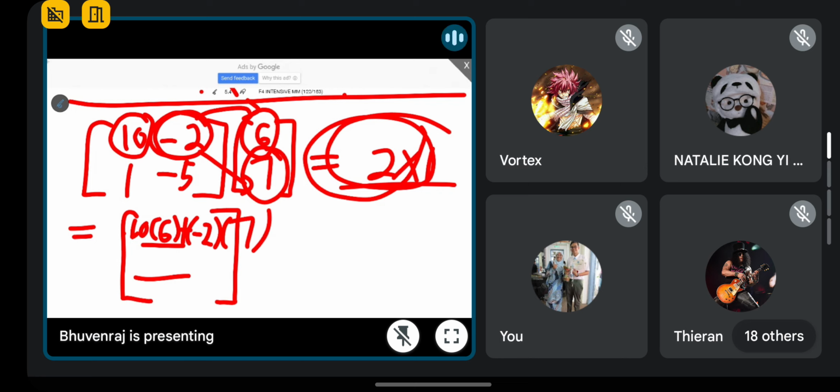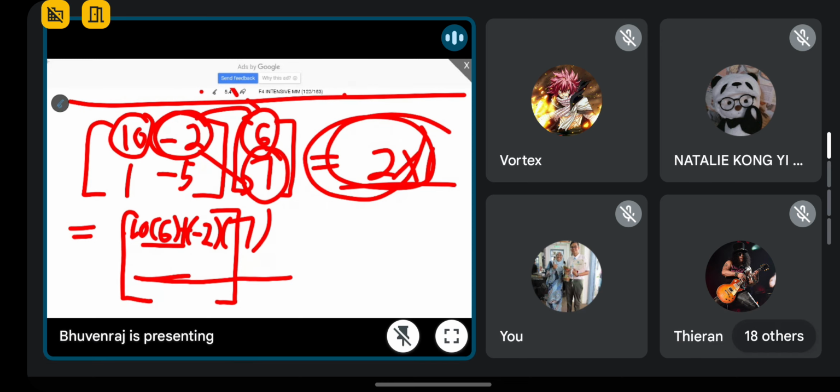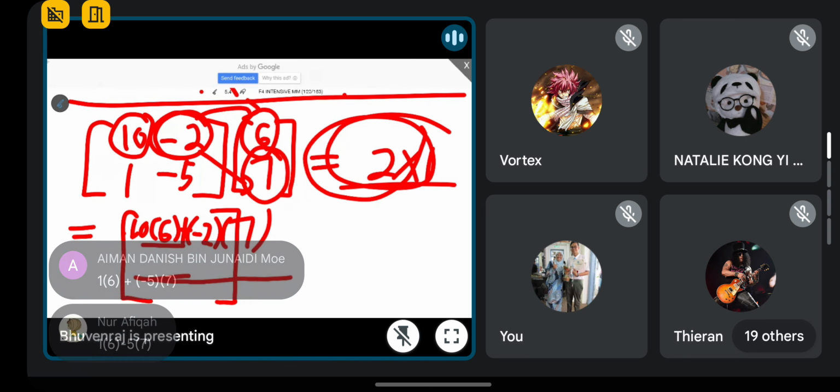Okay, so can you type out for me, guys? If you understand the pattern, cuba bagi tahu saya apa jalan kira untuk nombor kat bawah. What is the working to obtain the answer in the second row? Untuk baris kedua tu, macam mana operasi dia? Yes, very good.